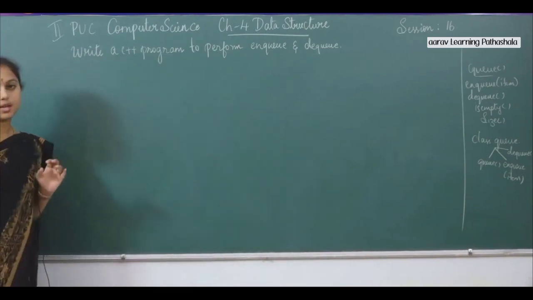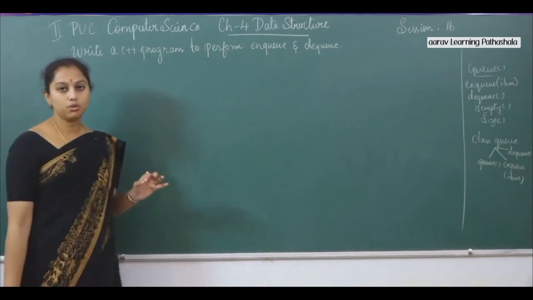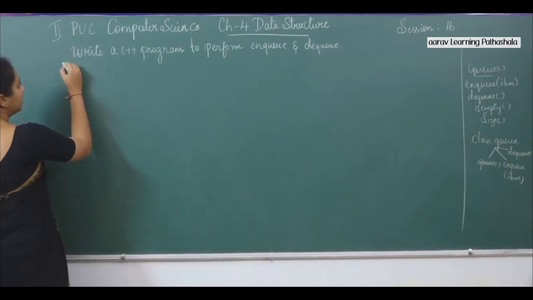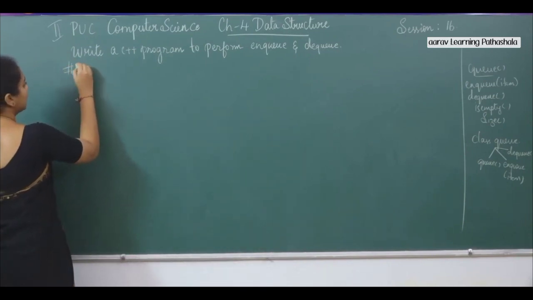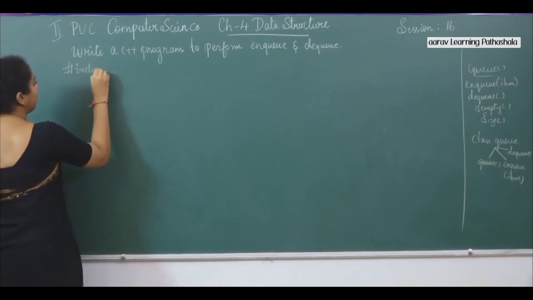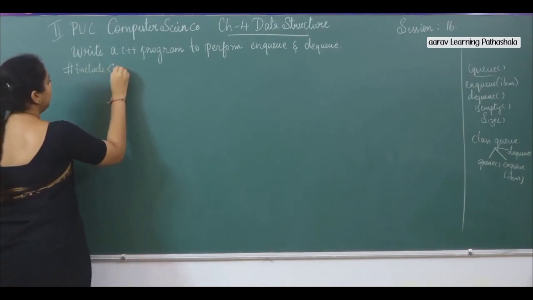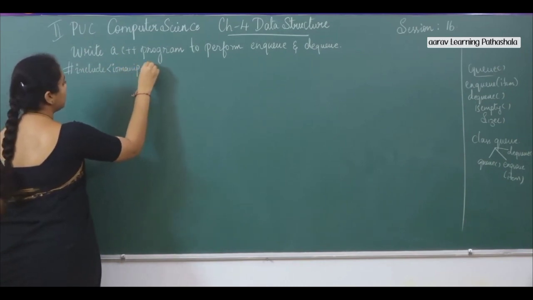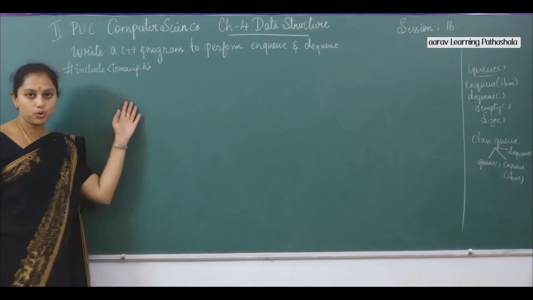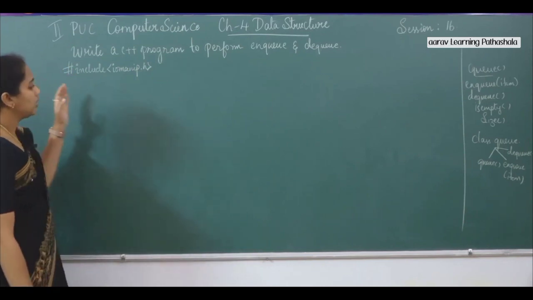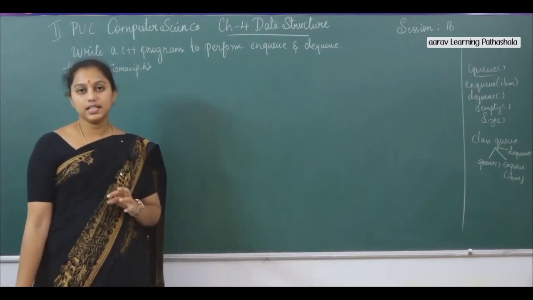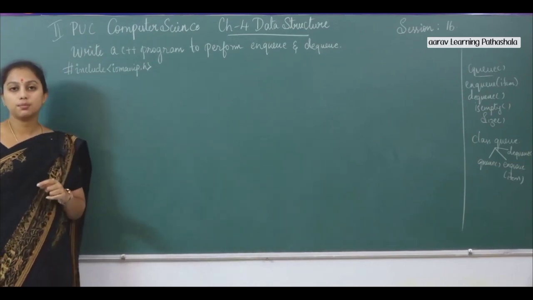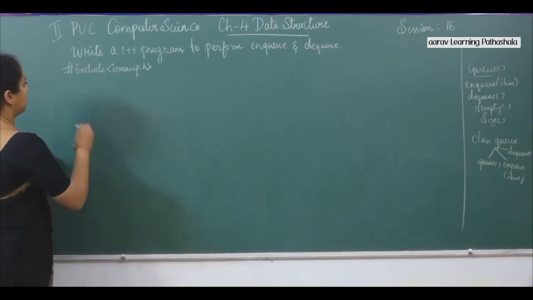So what is the first step? First step, we have to include the required header files in our program. The first header file is #include iostream.h. This header file is used to provide basic services to the C++ program, like it uses objects like cin and cout to send data to and from the standard input and output devices.